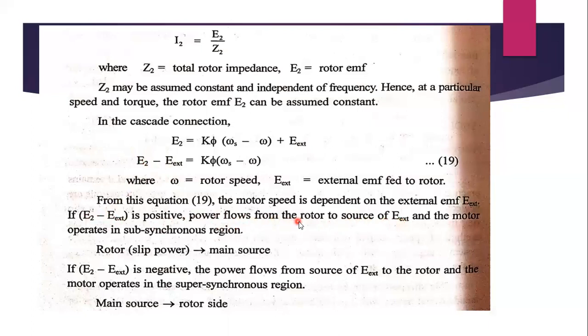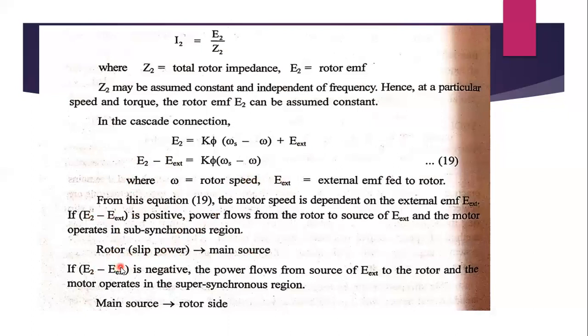Power flows from the rotor to the source of Ext, and the motor operates in the subsynchronous region. That means the slip power is fed to the main source in the subsynchronous region. Similarly, if E2 minus Ext is negative, that means the rotor EMF is less than the external EMF.